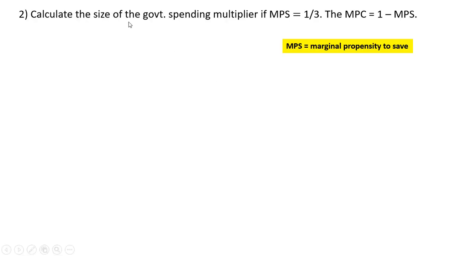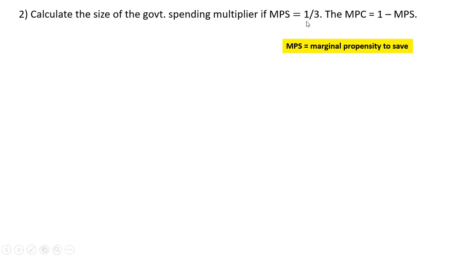Problem 2, let's calculate the size of the government spending multiplier if the MPS, and the MPS is the marginal propensity to save. So if your income goes up by $1, how much of that dollar will you save? 50 cents, 10 cents? So the MPS is the fraction of the last dollar of income that is saved.